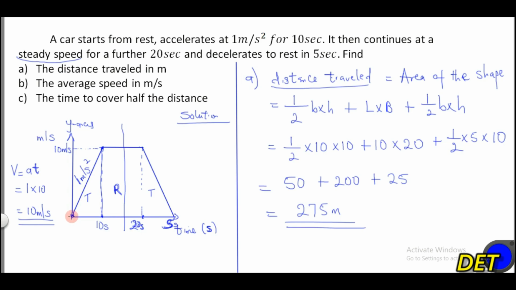The distance that is covered from here to here is the shape of this triangle. And we've calculated it to be what? Half base times height, which is half times 10 times 10. That gave us 50, right? So during the acceleration, the body covered a distance of 50 meters.